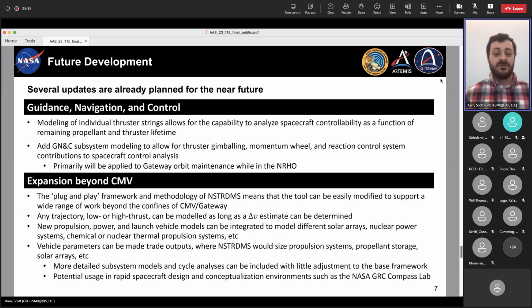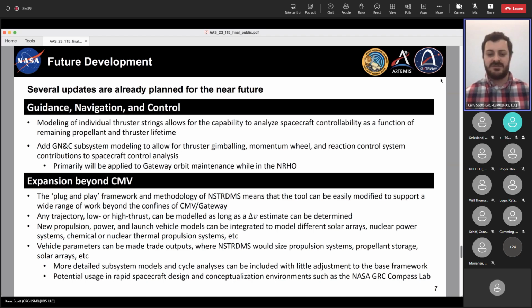NSTRDMS is a purely analytical solution, and in terms of low thrust trajectories and multi-body dynamics, purely analytical solutions are fairly rare. So in terms of expansion beyond CMV, NSTRDMS really has a future as a way of analyzing spirals as a whole, which is something you can look at analytically.